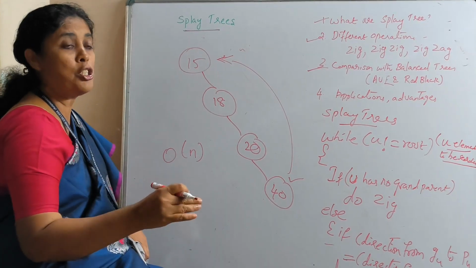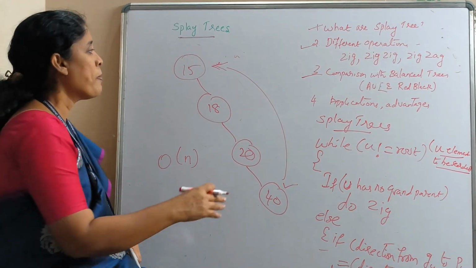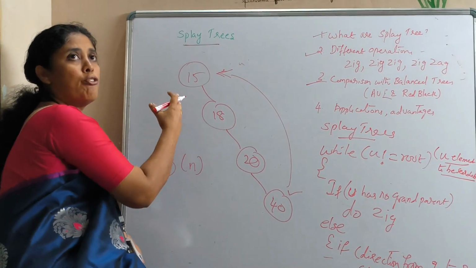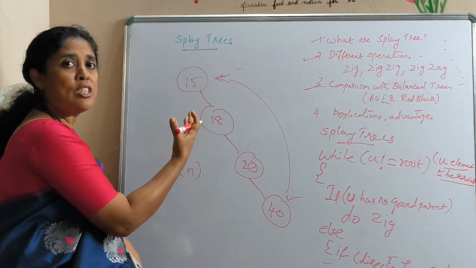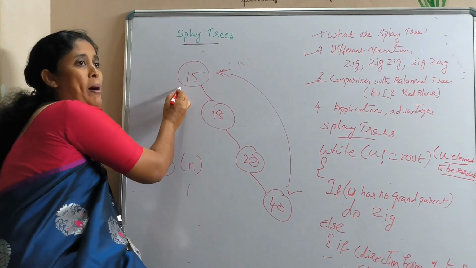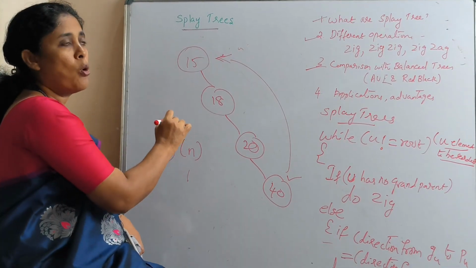The second time you search, the data will be in the root position. So the time complexity of searching that element will be just 1, because at the first comparison itself you have found that element.